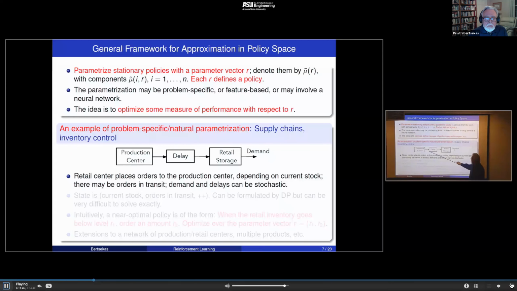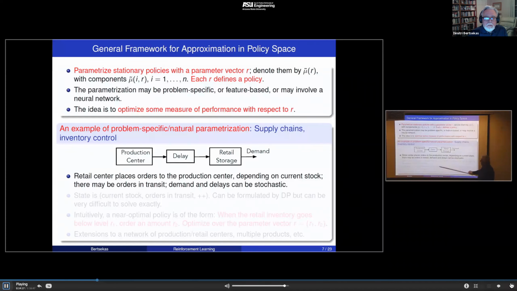And after some delay, whatever you ordered arrives. There may be production delays, there may be transportation delays, and so on. Now, this stock is used to satisfy stochastic demand, and the objective is to have stock when you need it, because otherwise, if you run out of stock, you may have to purchase at a high price. So that's basically one cost consideration.